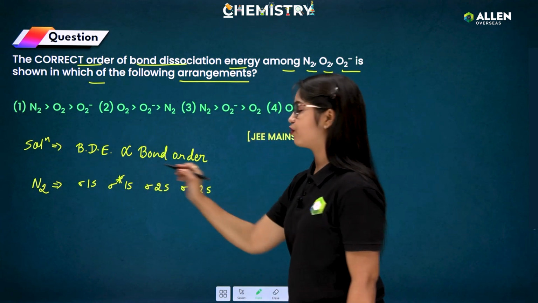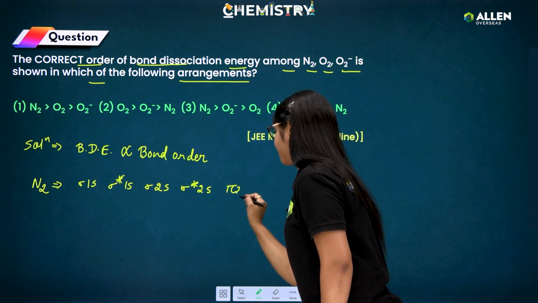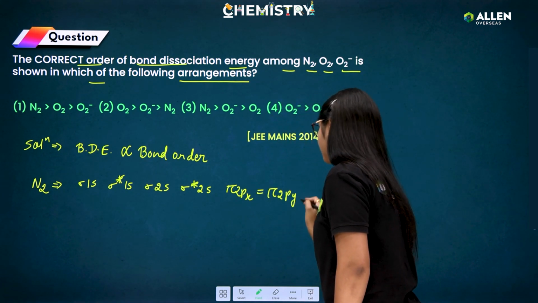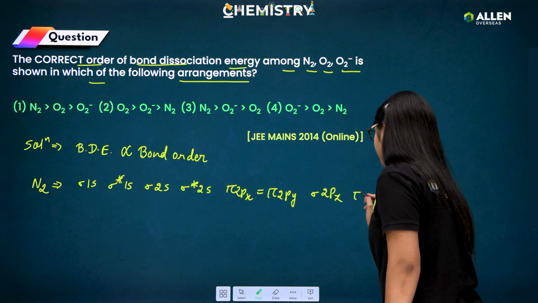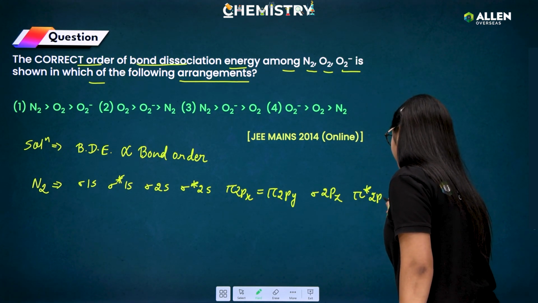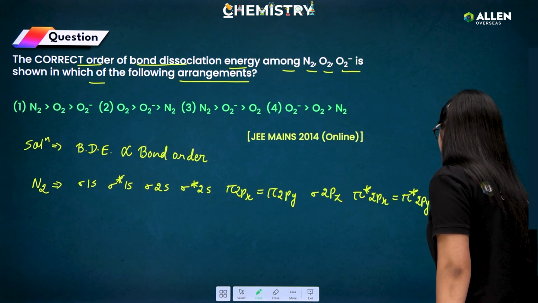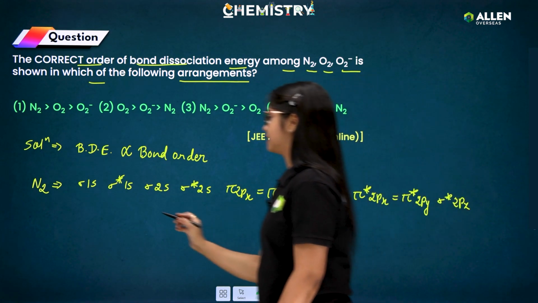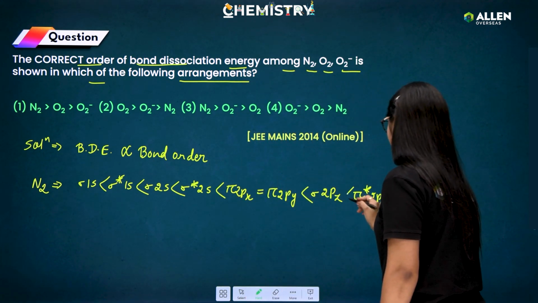Here for N2 we know that sp mixing will take place, so pi 2px, pi 2py, and then you have sigma 2pz, then pi star 2px, pi star 2py, and at last sigma star 2pz. This will be the increasing order of energy for the N2 molecule, right?